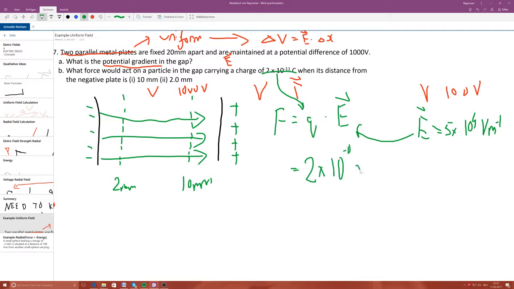Sometimes you might think that this value is terribly small, but we're talking about tiny particles with very little charge, in this case 10 to the minus 11, and thus of course very small mass also. So here we would have a force of 10 to the minus 6, I believe, and you could write it, if you wanted to, as 1 micronewton. Exactly.